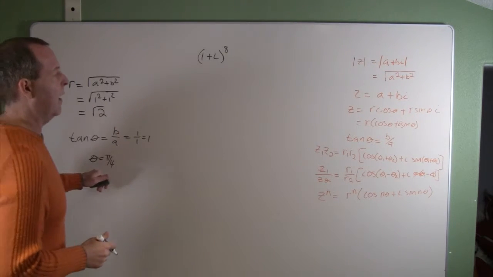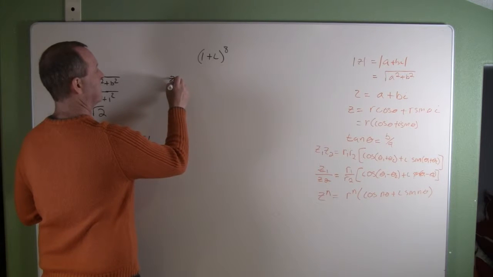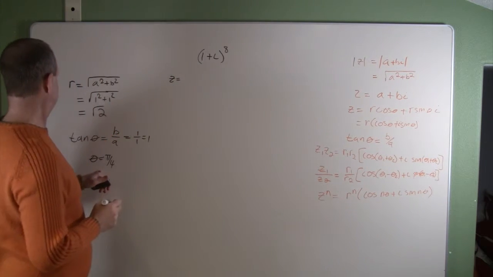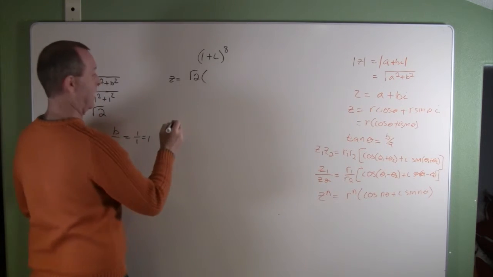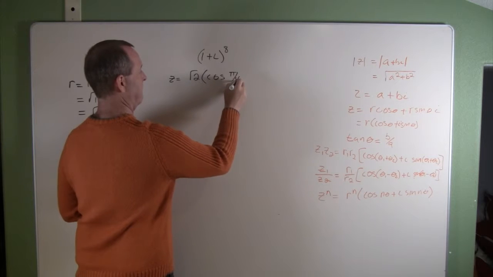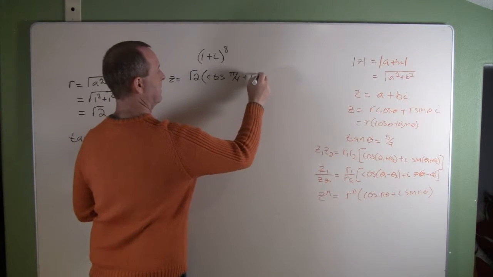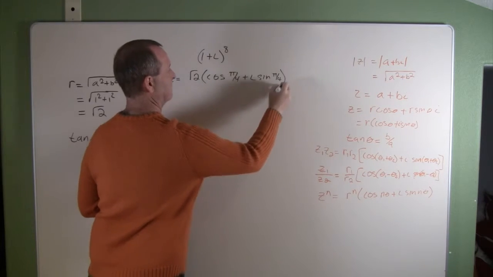All right, so now let's write that in its polar form. So I have its point z, which we know is r, which is root 2, times cosine of the argument, which was pi fourths, plus i sine pi fourths.